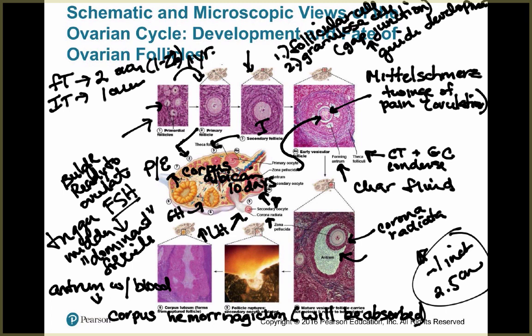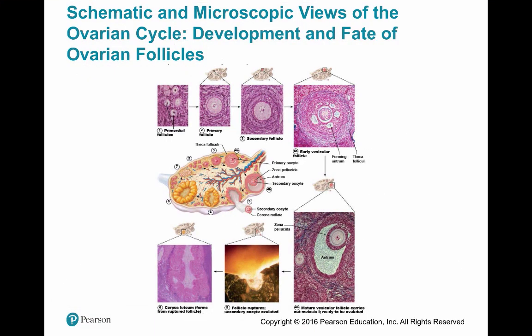And just to let you know, if pregnancy does happen, the corpus luteum begins producing hormones that help sustain pregnancy until the placenta takes over. And that's about 3 months. So it's almost like it becomes a temporary endocrine cell there. That was a lot, I know.